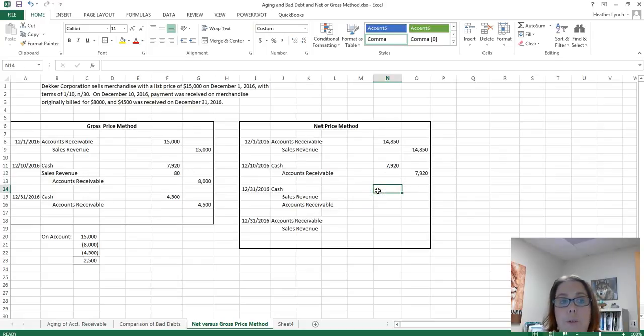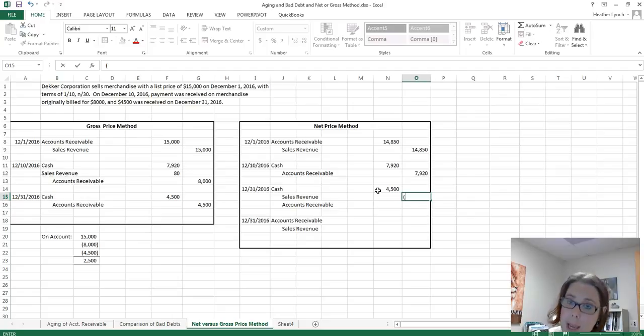So December 31st, they paid $4,500. Well, that is past the discount period. So they will be giving us $4,500 in cash, but this is where it comes in. We take the $15,000 that we originally billed minus the $8,000 times 0.01.